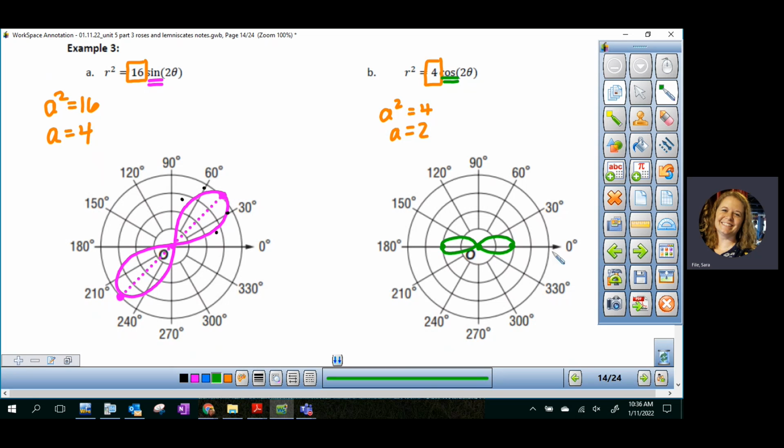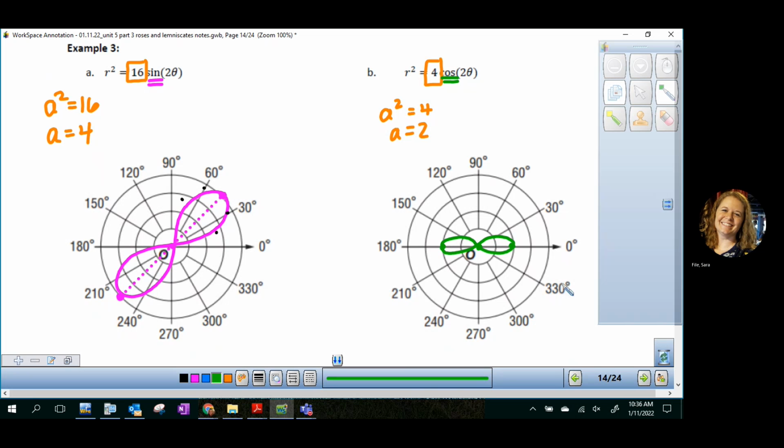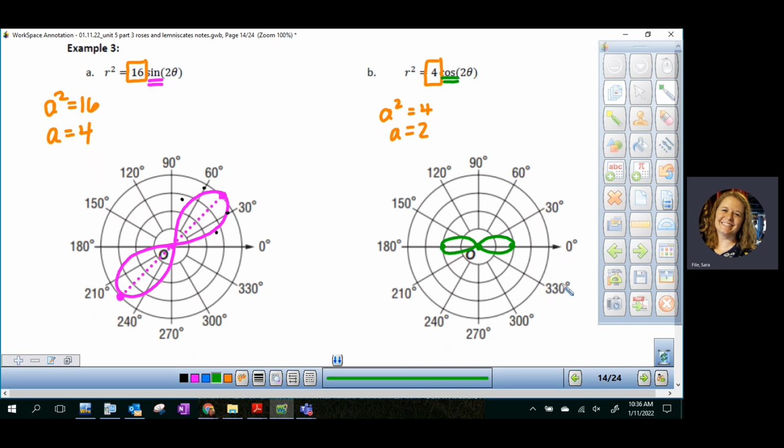I know I didn't draw that perfect. I definitely drew my curves bigger above the x-axis than I did below, but I think y'all get the idea. You can always go in the calculator and get those additional points and plot more to make it more accurate. And that's what I will expect you to do on the project, not necessarily the homework though.